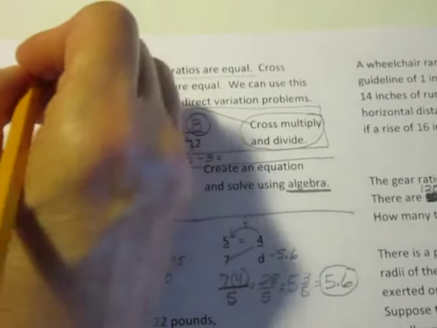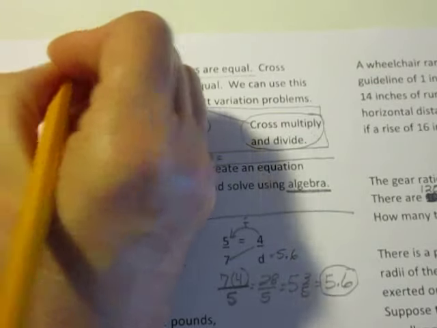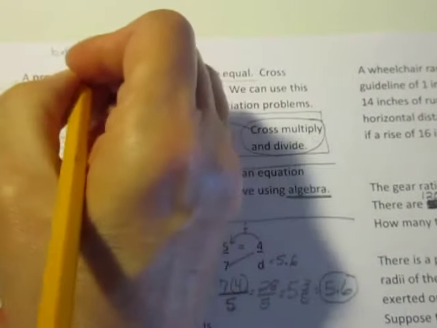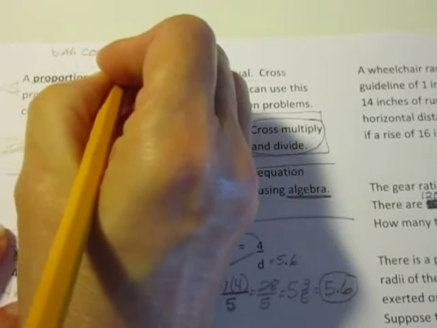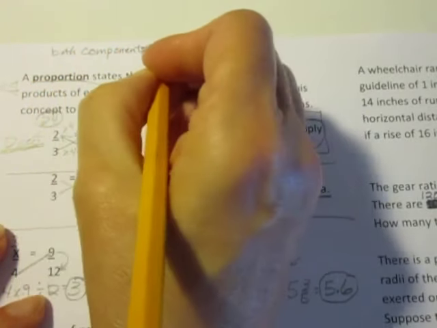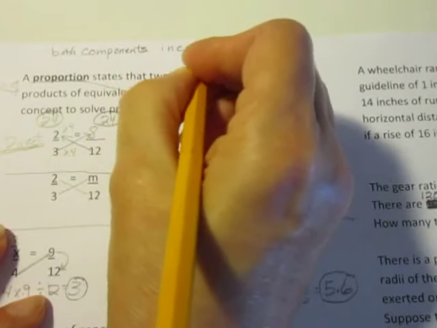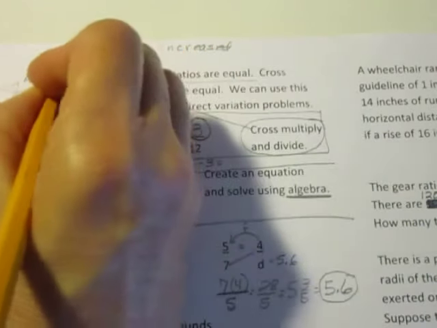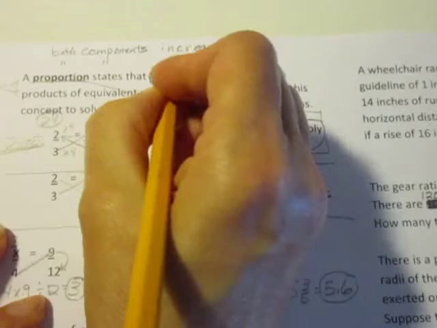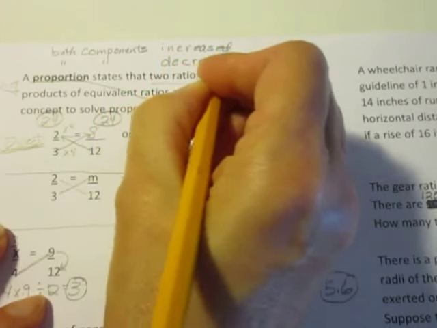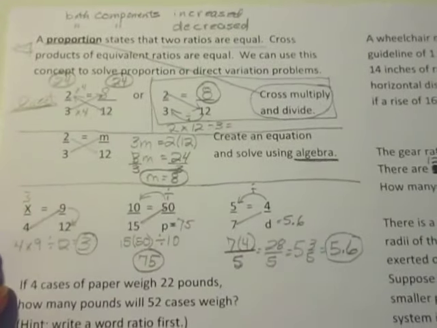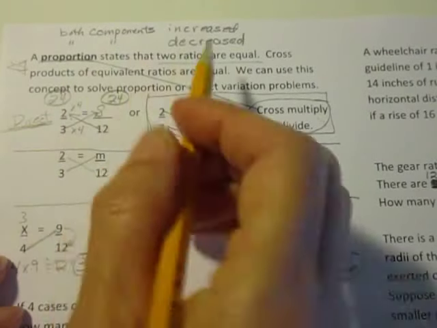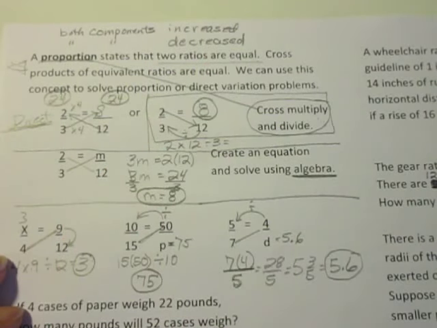Notice, both variables, both components of your problem, either both increased or both decreased. That's just something I want you to take note of, because when we go on in this unit, we're going to find a different pattern evolves in our next lesson.